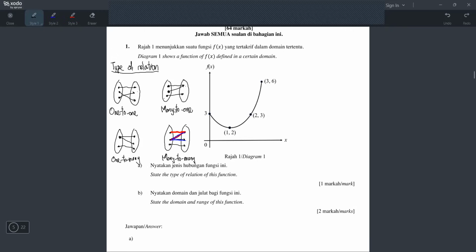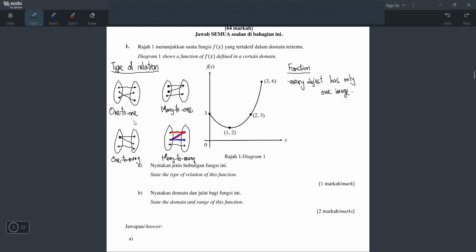After I tell you about these four types of relation, I will tell you the definition of function. The definition of function is that every object, or each object, has only one image. So out of these four types of relation, which type is considered a function?